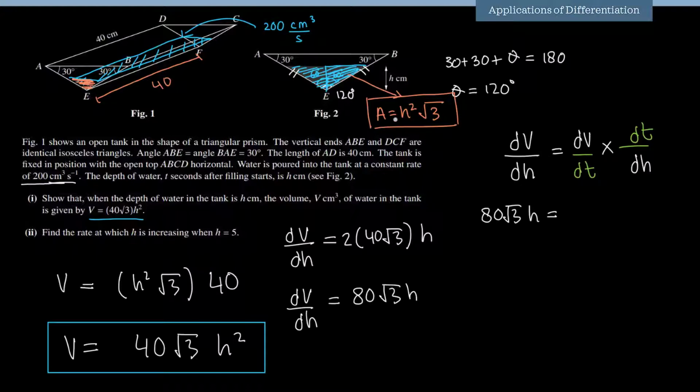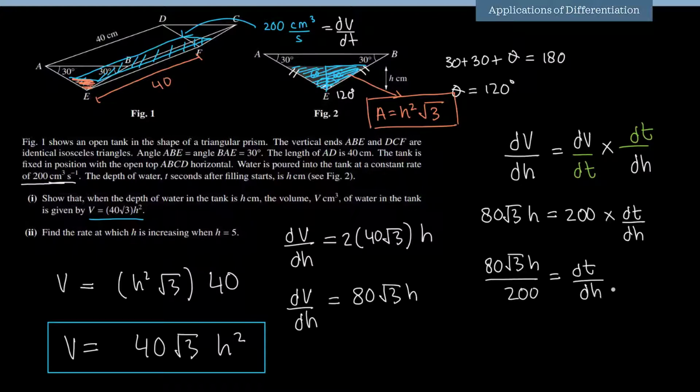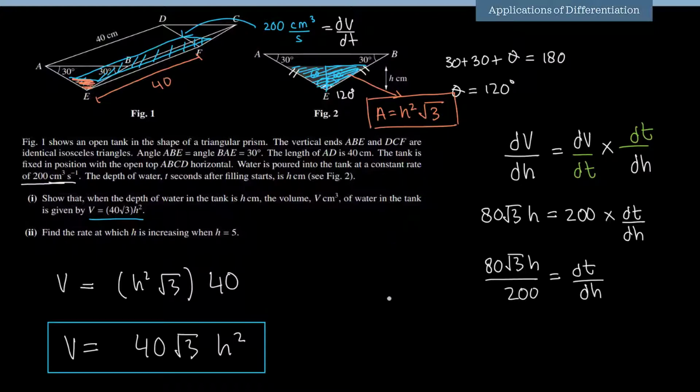And dv upon dt, the rate of change of volume, is given to be 200. So 200 times dt upon dh. Dividing both sides of the equation by 200 would give me 80 square root 3 h divided by 200 is equal to dt upon dh. Next, the value of h is given to be 5.